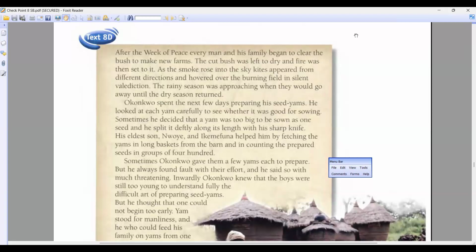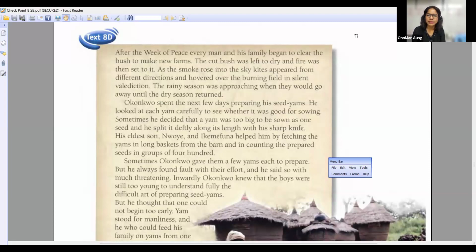So it is wrong, right? Yams should be planted in dry soil. Only when the soil becomes moistened, moistened means becomes wet, they start doing things. So according to this, it is false.